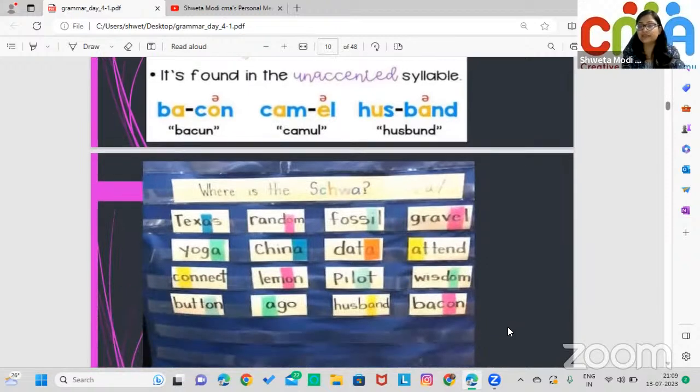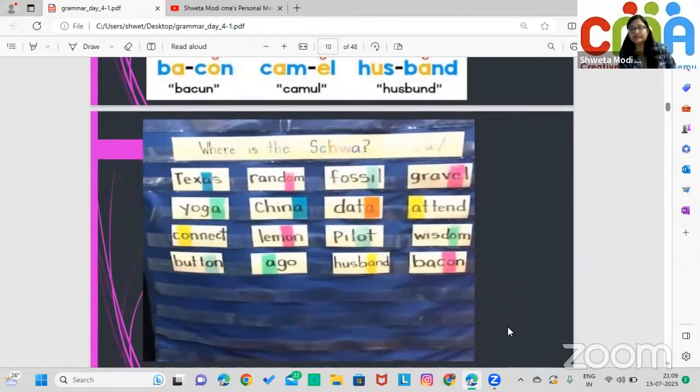We can do this exercise with the children: give them random words and ask them to use a dictionary and find the schwa sound. Also, if they know the right pronunciation, they themselves will come to know. If you know the word random, which vowel is schwa? Can you type in the chat box which vowel is schwa in the word random?